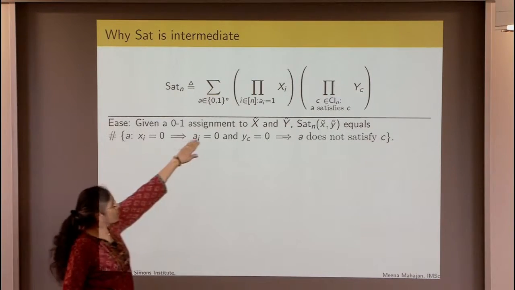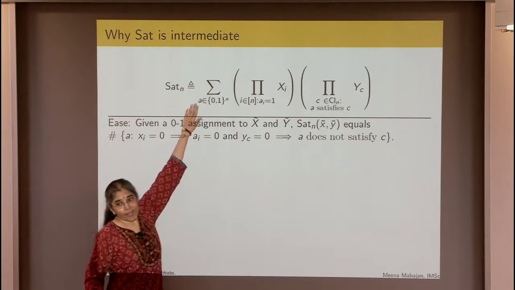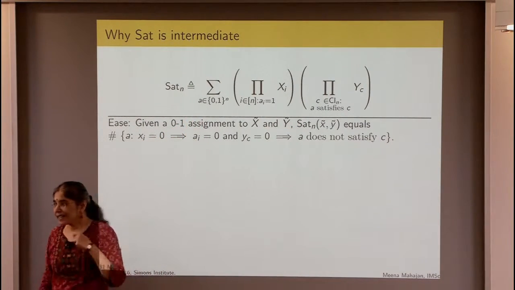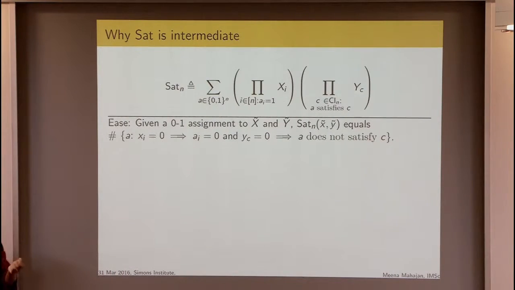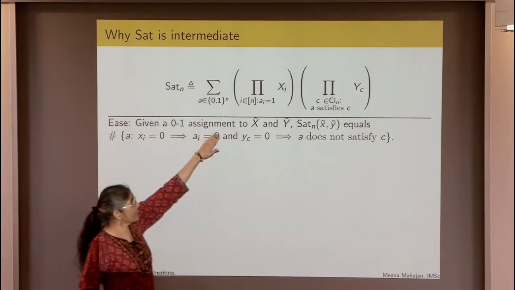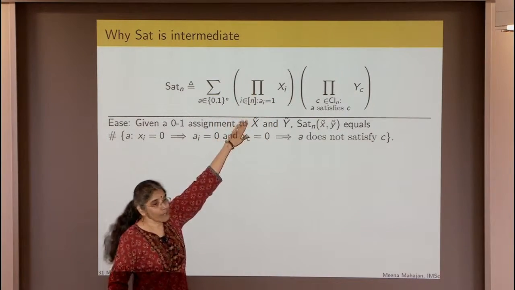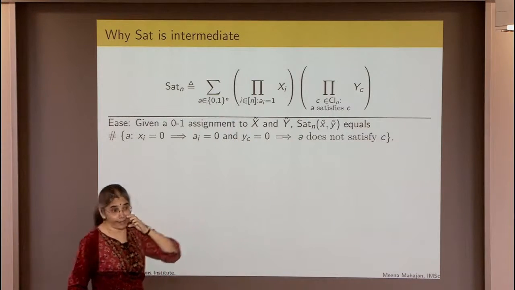If a 0-1 assignment is given to all the variables, then notice that I want to sum over all assignments. And each assignment is going to contribute either a 0 or a 1 to the sum. So when will it contribute a 1? For an assignment to contribute a 1, it must be the case that whenever an x variable takes the value 0, A should also be 0 there, because otherwise the monomial gets killed.